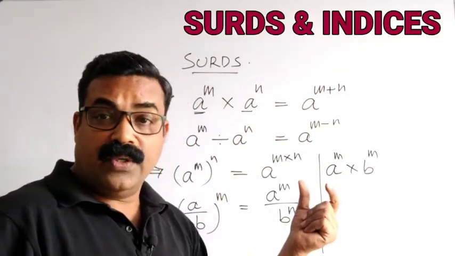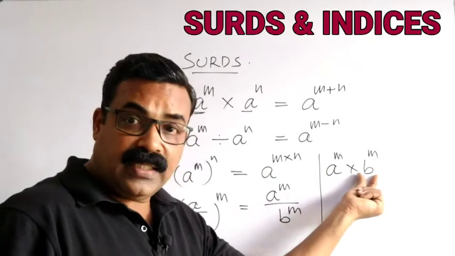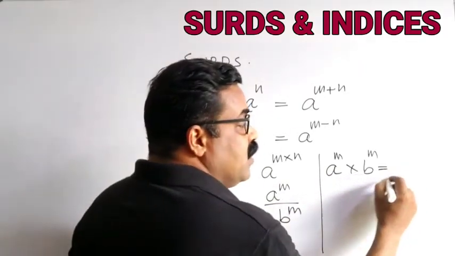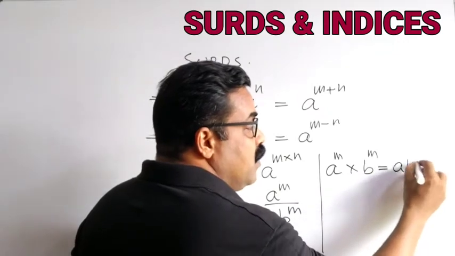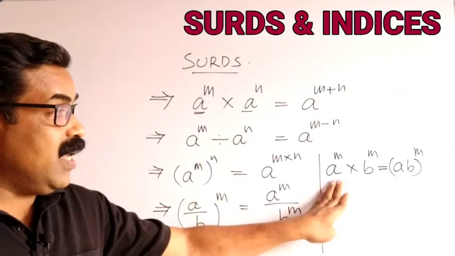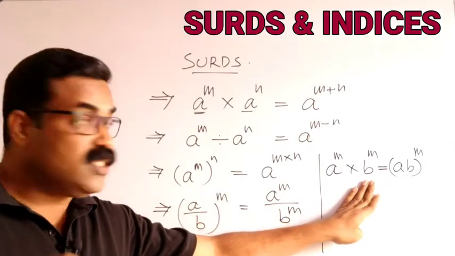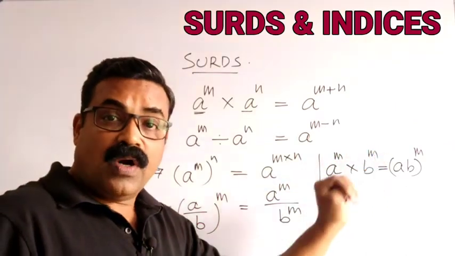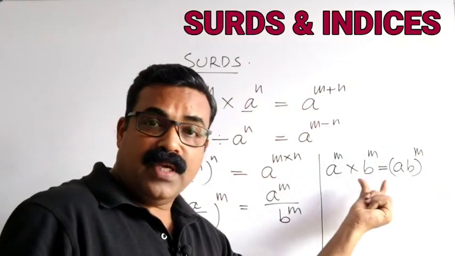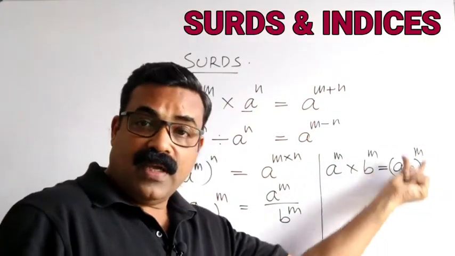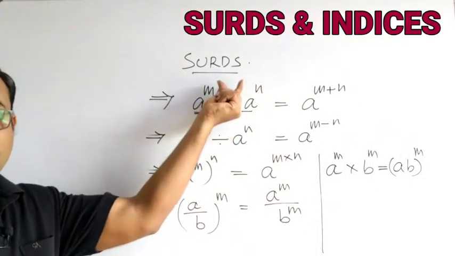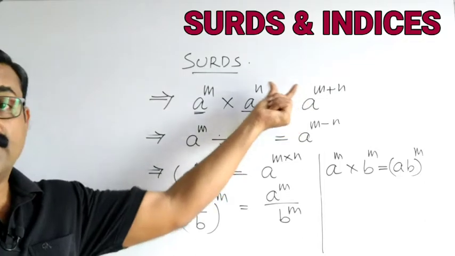In this case, we multiply both the bases, having a single power m. So you can write this as a into b, power m. That is, a and b are different bases having the same power, so we take that power as common and multiply the bases a and b.